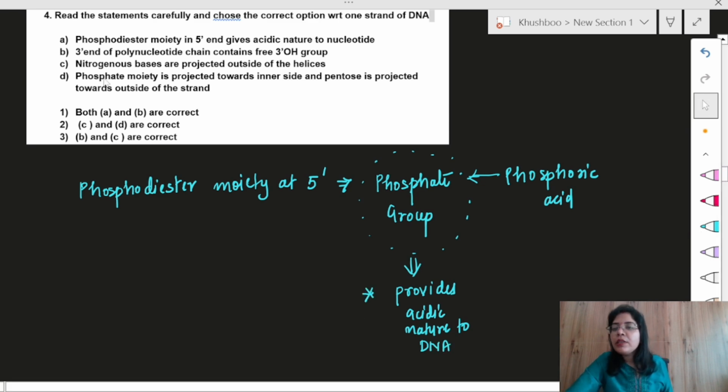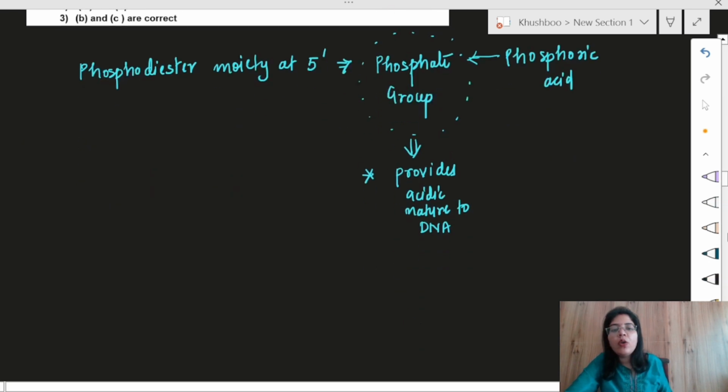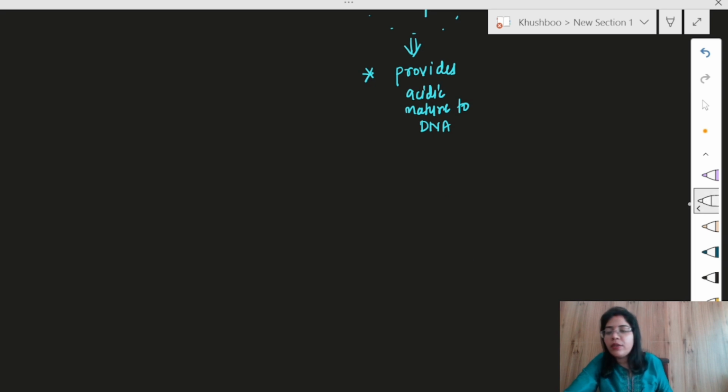Fine. The 3' end of a nucleotide chain contains a free 3' OH group. If you consider the 3' end of a polynucleotide chain, does it have a free 3' OH group? Yes. So the first statement is true. Is the second statement also true? If we make a diagram of DNA, let's suppose this is the 5' position, and at the 5' position you have a phosphate.